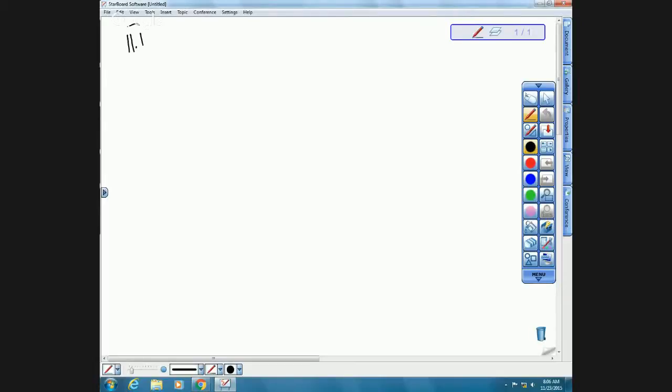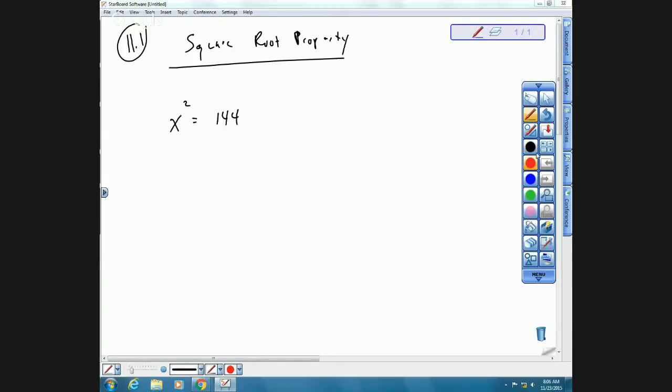All right, so in 11.1, we started talking about this the other day, the square root property. The square root property says if I have a number squared equal to a number, to get the x by itself, I would do the square root of both sides. The square and the square root would cancel out, and I get x equals the square root of 144, which is 12.